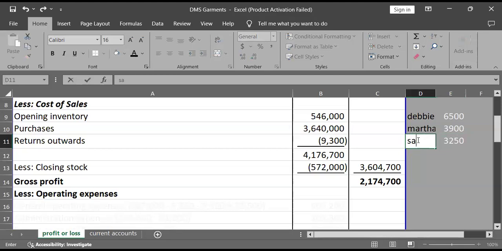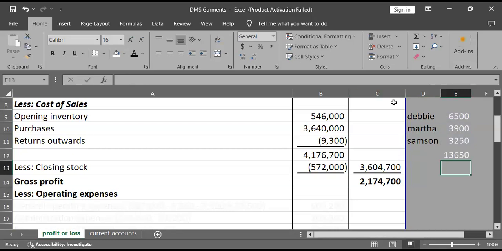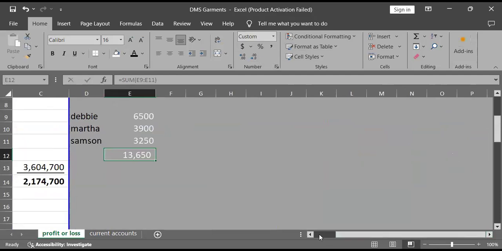This is per month. They have told us that the employee expense includes this money. When I add it up, I get 13,650. So every month these partners are paid this much money. But remember, we say that partner salaries are not included in the P&L.